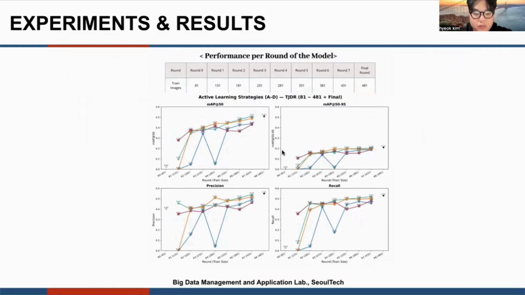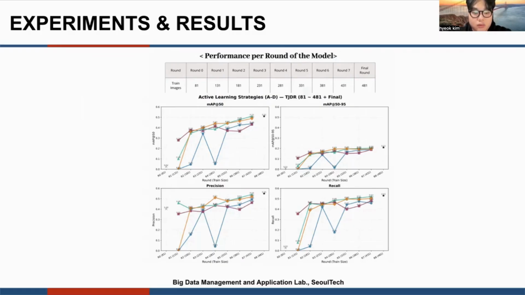And next is experiment and result section. The table and graph above show the number of images used in each active learning round and the accuracy convergence of each sampling strategy when the initial model was trained using the TJDR dataset. Although the deployed clinical service uses a model trained on the NMC dataset, this experiment was conducted to compare the convergence speed of the various sampling strategies.